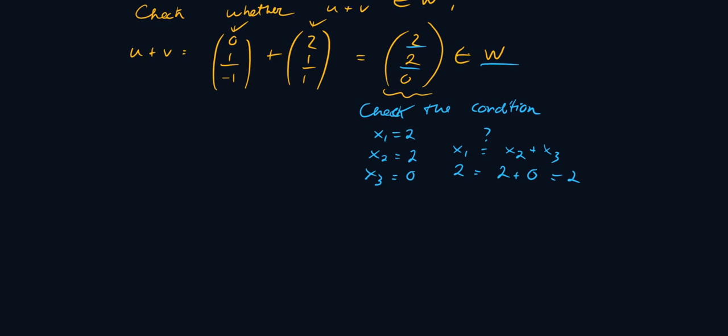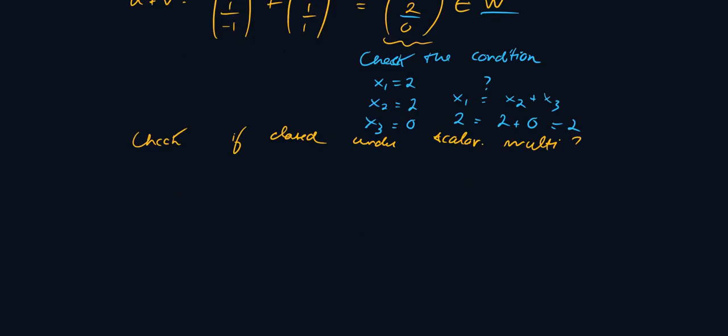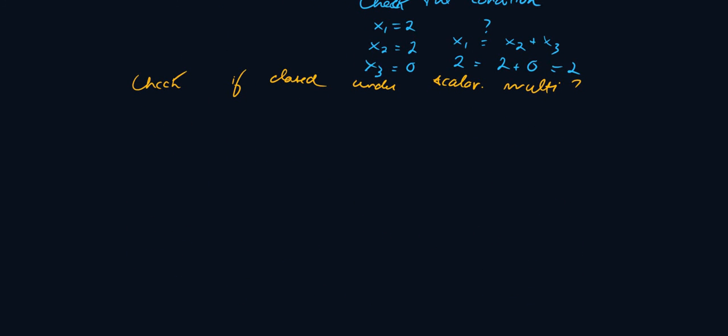Now let's also check the third condition: check if W is closed under scalar multiplication. Let's use a different vector just for fun. So let's say u is equal to (5, 3, 2).